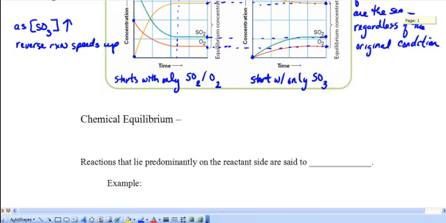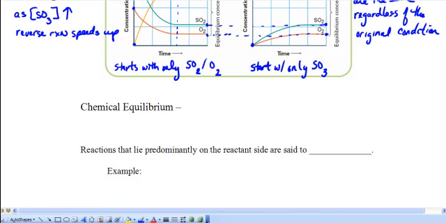And equilibrium is simply defined as the point at which the forward reaction rate equals the reverse reaction rate.